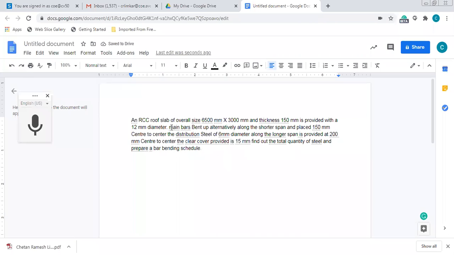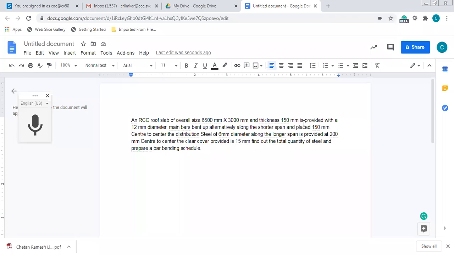An RCC roof slab of overall size 6500 mm by 3000 mm and thickness of 150 mm is provided with 12 mm diameter main bars, which are bent up alternatively and kept along the shorter span.